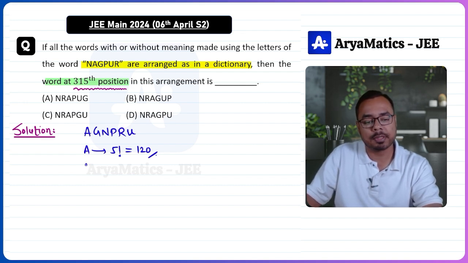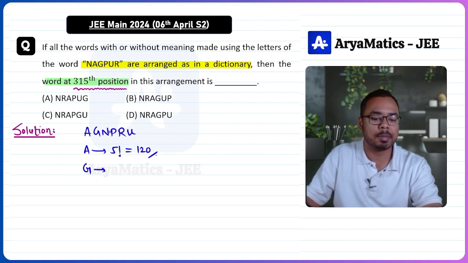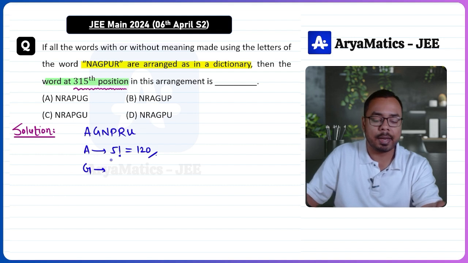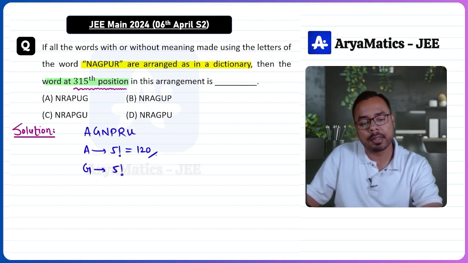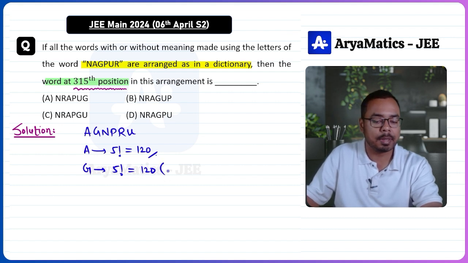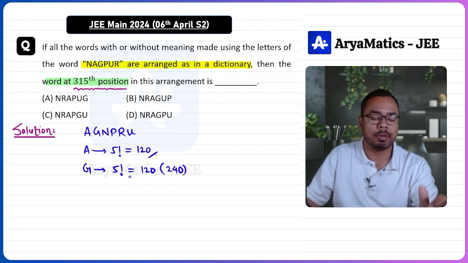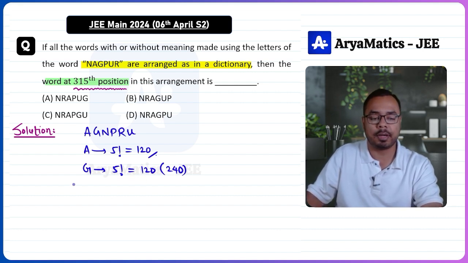After that, the word formation will begin with letter G. Again, if you fix G on the first place, you have 5 letters, and by arranging those 5 letters, you can create another 5 factorial, that is 120 words. 120 plus another 120 will be 240. So the first 120 words start with letter A, the next 120 words start with letter G, and we have reached up to 240.